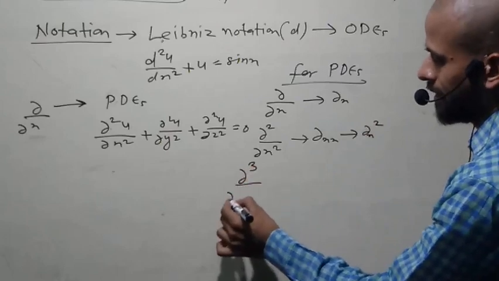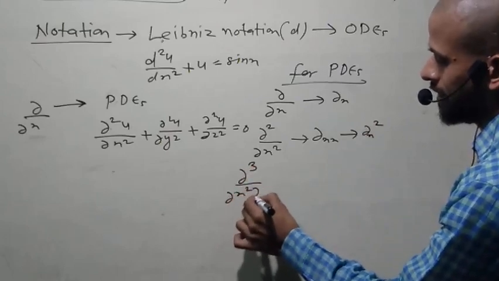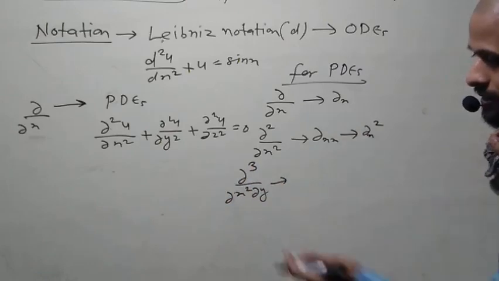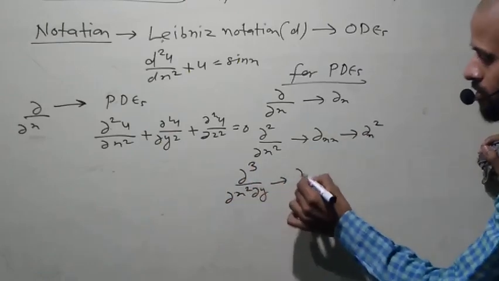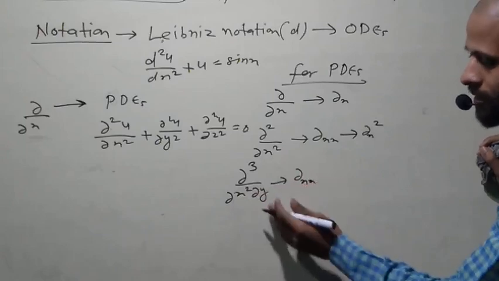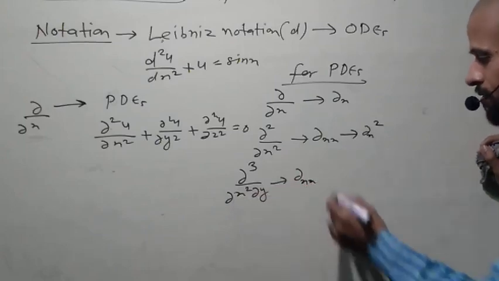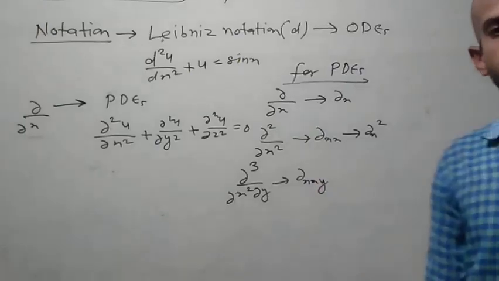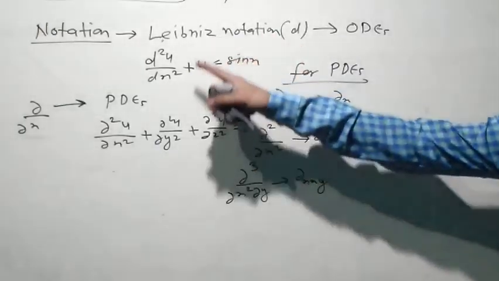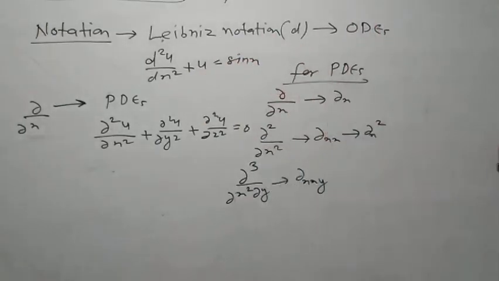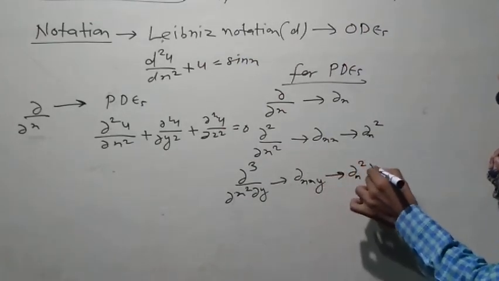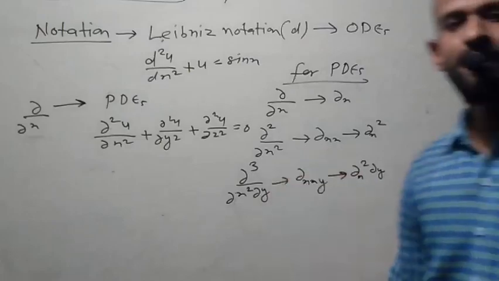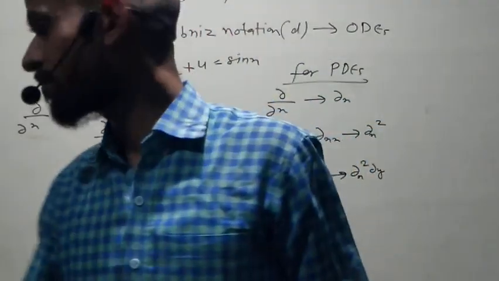Del 3 by del x square del y is written as, there are 2 times derivative with respect to x, so we write here del xx, and 1 time derivative with respect to y, so this is y. This is the notation for partial differential equation. This may be written as del x square del y. As you are convenient, you can use that.